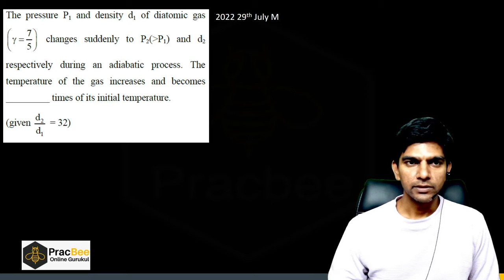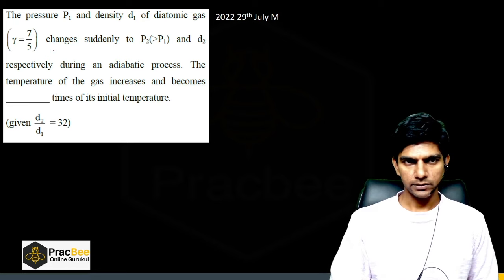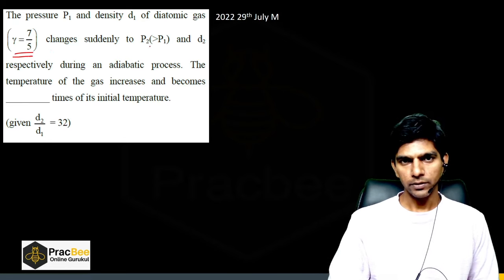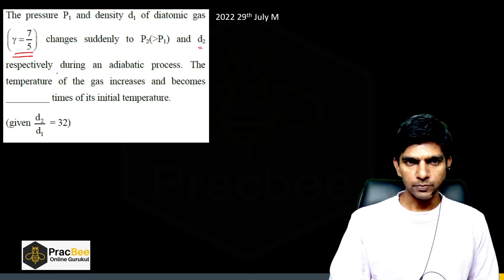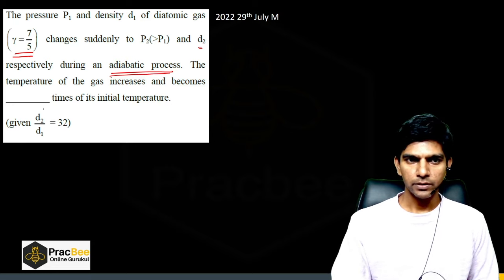Right. So now let us see another question. The pressure P1 and density D1 of a diatomic gas, where gamma value is given, changes suddenly to P2, where P2 is greater than P1, and density becomes D2 respectively during an adiabatic process. So it's an adiabatic process. The temperature of the gas increases and becomes a dash times its initial temperature.